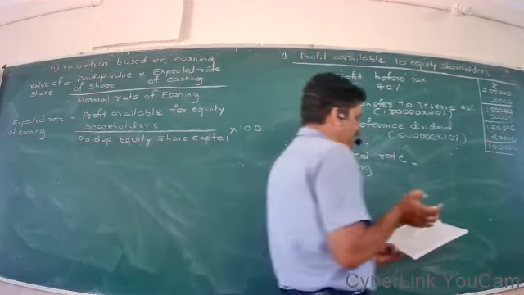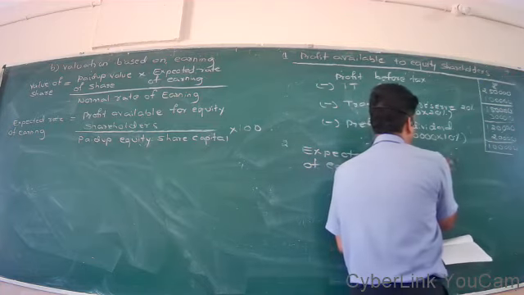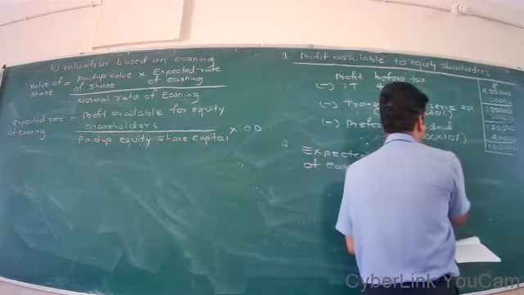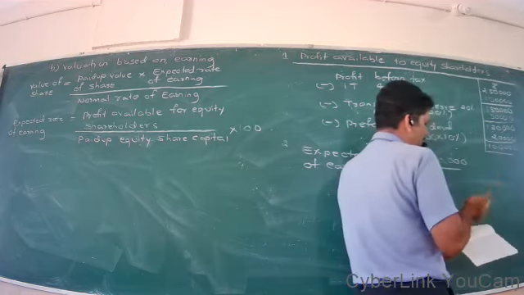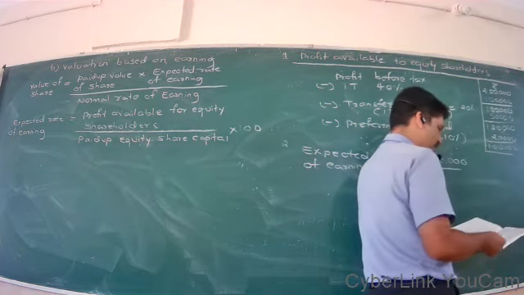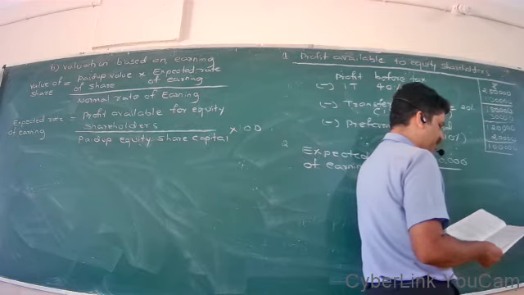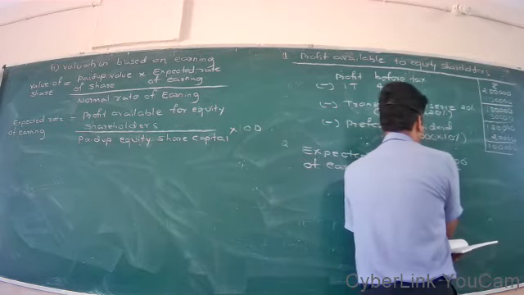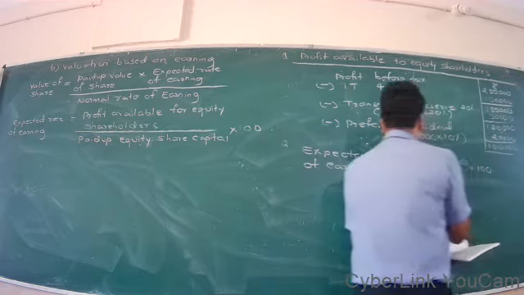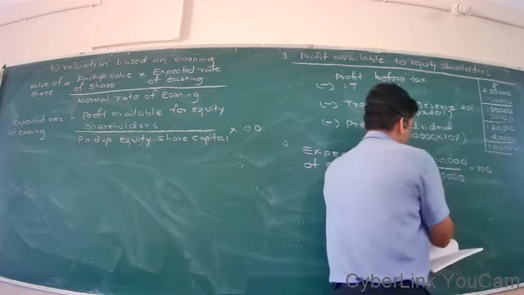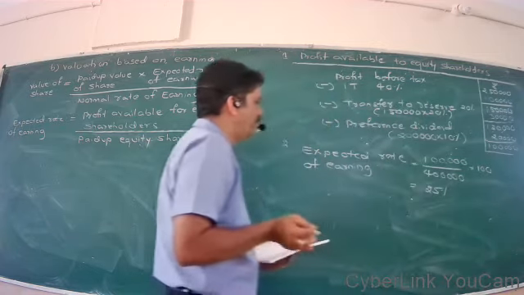Profit available to equity shareholders is 1 lakh, and paid up equity share capital is 4 lakh, into 100. So that becomes 25%, the expected rate of earning.